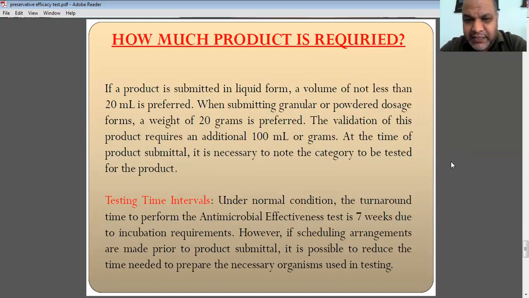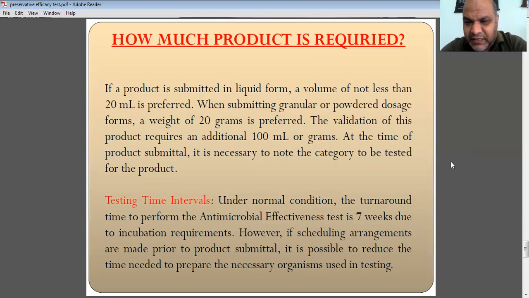How much product is actually required? It depends upon the contents, it depends upon the different dosage form or the formulation that we are going to have. If the product is in liquid form, then a volume of not less than 20 ml is preferred. If it is granular, then a weight of 20 gram is preferred.